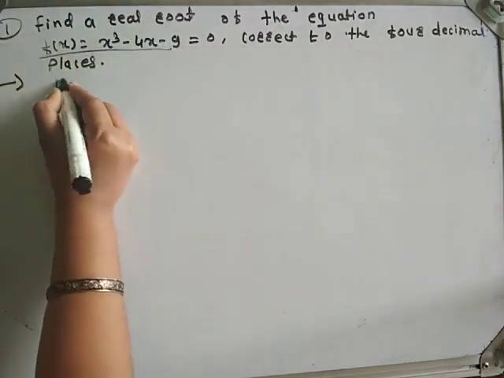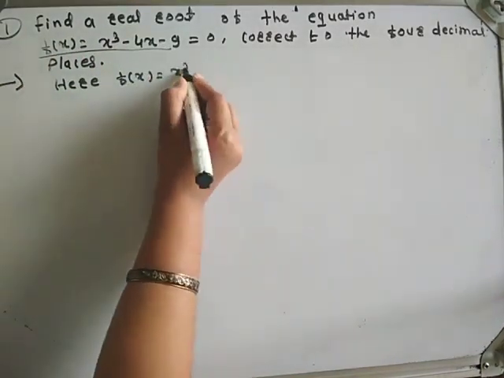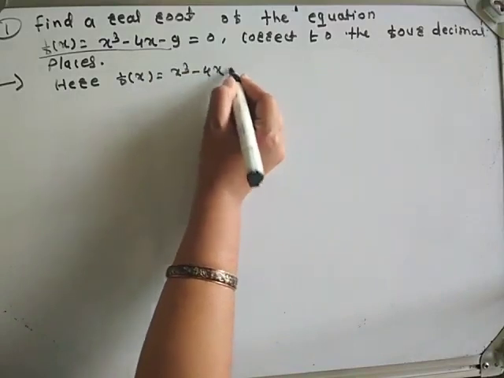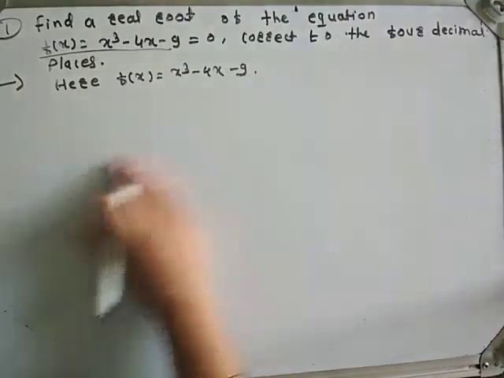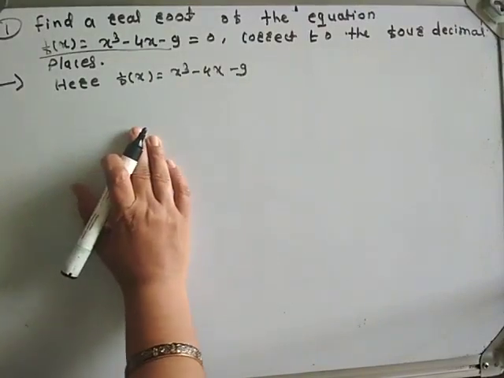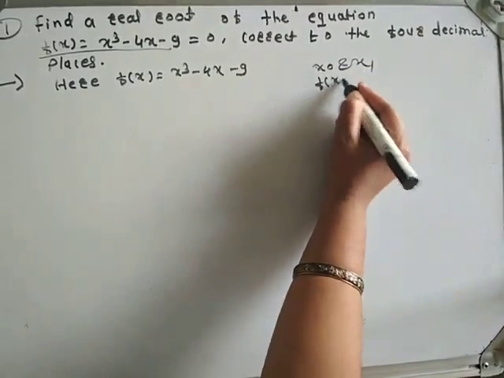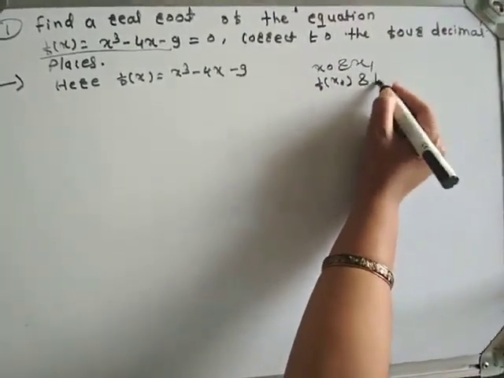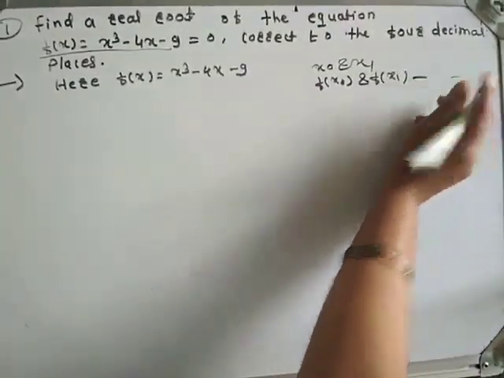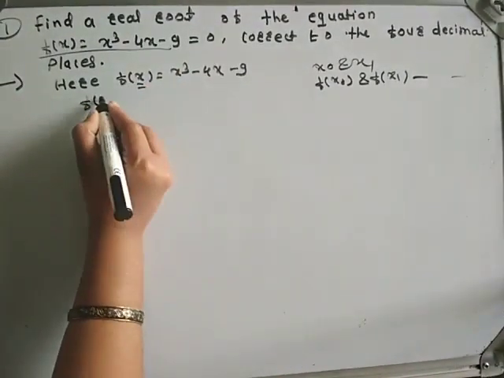Here f of x equals x cube minus 4x minus 9. First we have to find two values x0 and x1 such that f of x0 and f of x1 are of opposite sign. First we put x equals 0.